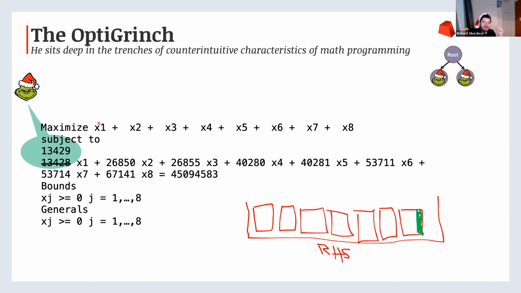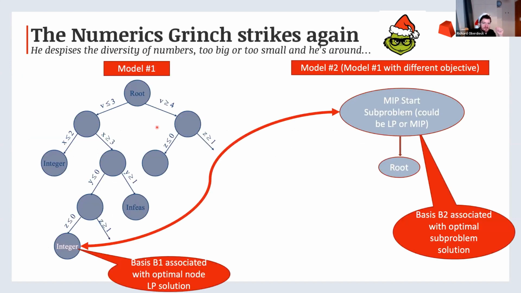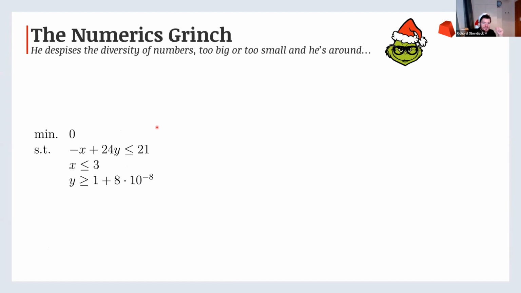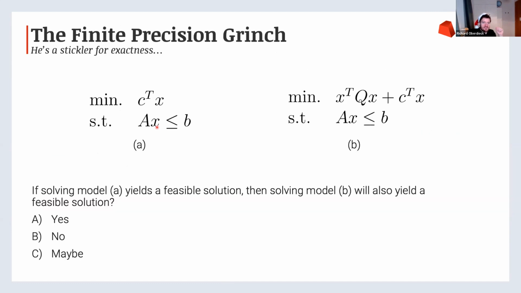So we go back to the finite precision one. Specifically, the finite precision here can be that we terminate a MIP when the MIP gap is 10 to the minus 4, so the gap between the lower bound and the upper bound.